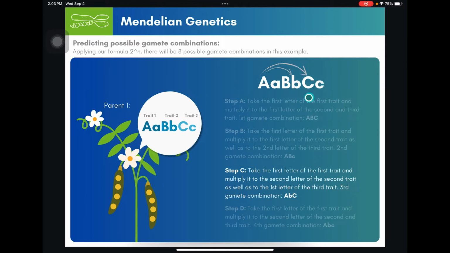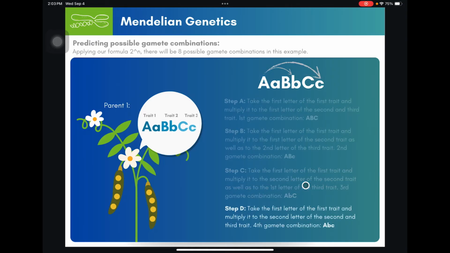Now, in this example, we got the dominant A and C, but the recessive B, which brings us to our third possible gamete combination. In step D, you will still take the first letter of the first trait and multiply it to the second letter of the second, as well as to the third trait. In this one, we got only one dominant trait, which is letter A, and the rest of the traits contain recessive B and C.